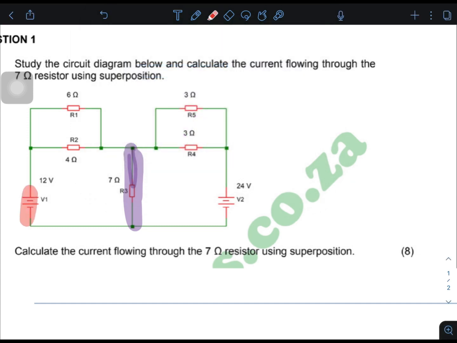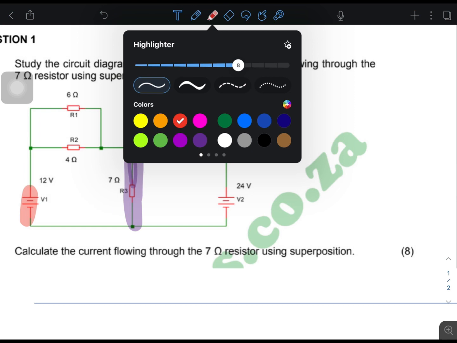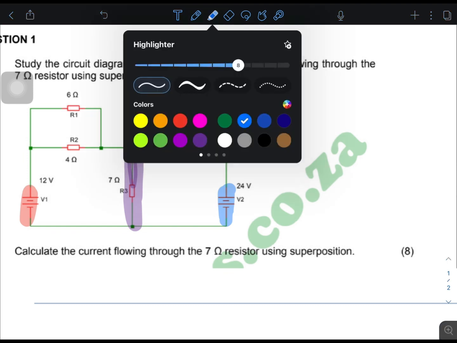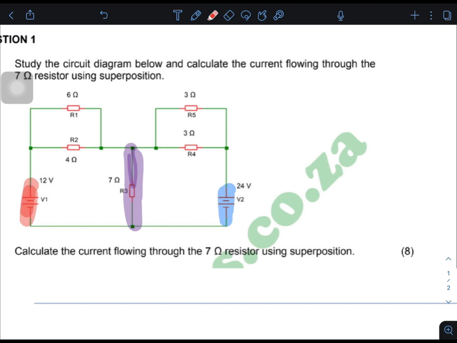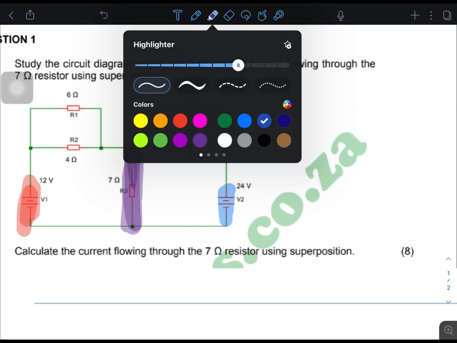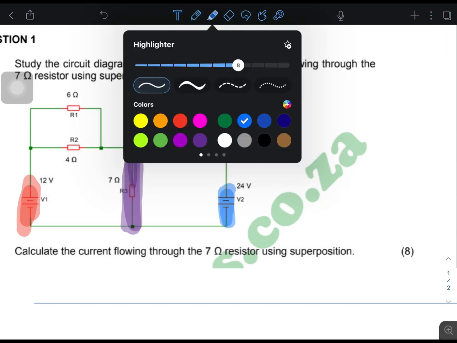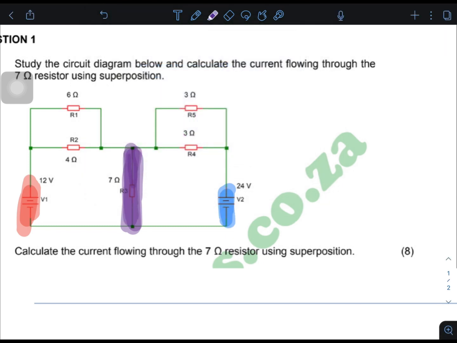The second source I'm using blue. We want to calculate how much current is contributed by this source to this branch current, then how much current is contributed by this source again to this branch current.